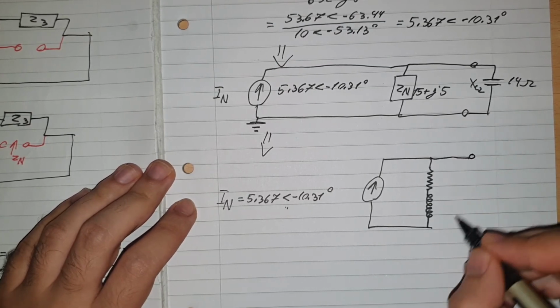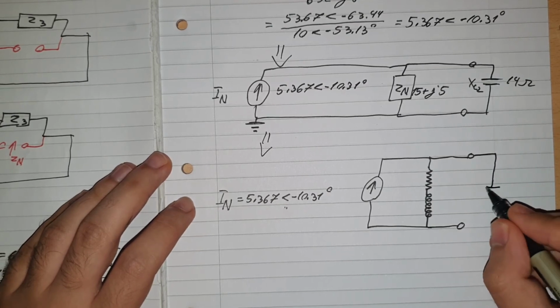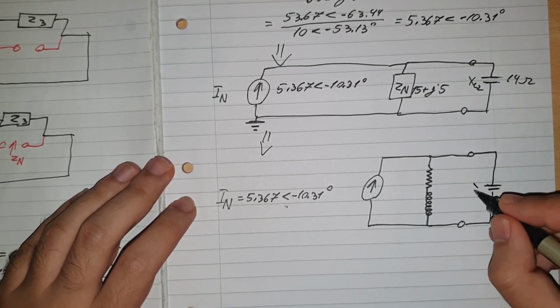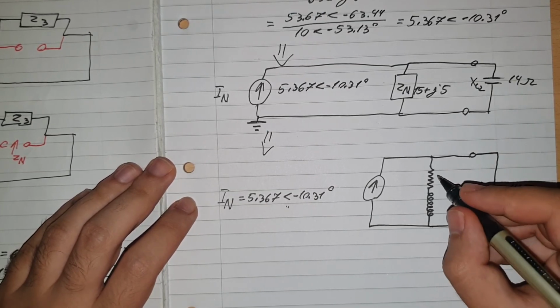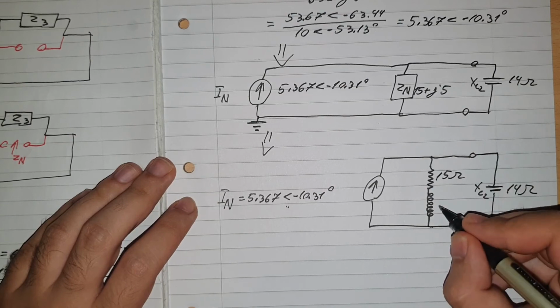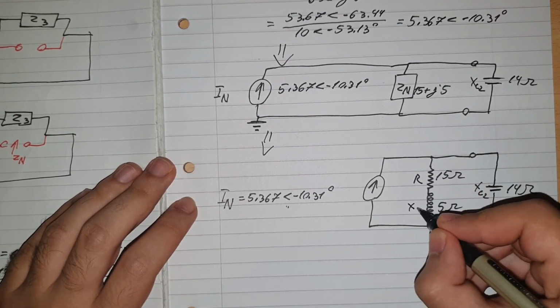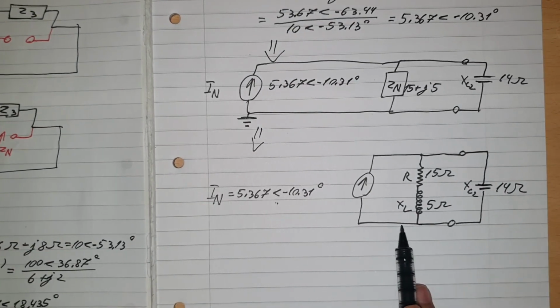And remember the capacitor that I used as reference. So here is the capacitor. That will be XC2 at 14 ohms. This one will be 15 ohms, and this one will be 5 ohms. The value of R and the value of XL. Alright, and this is our final circuit.